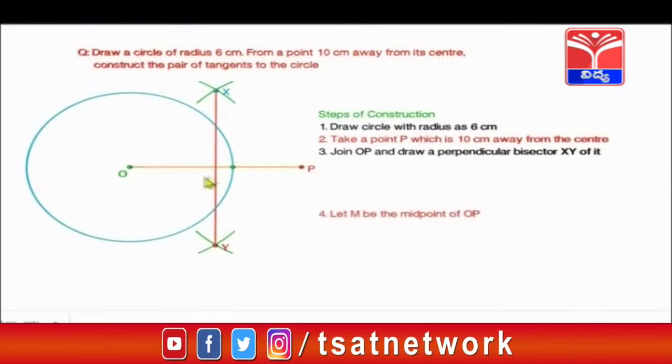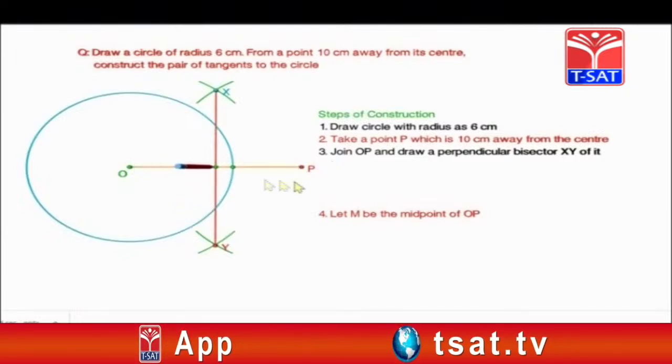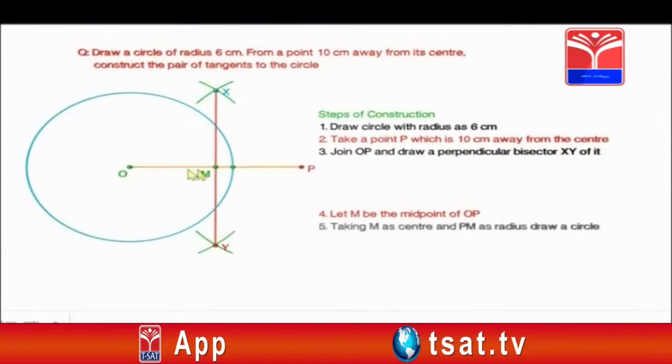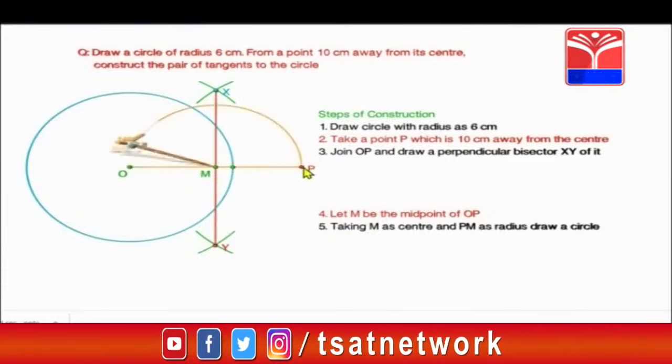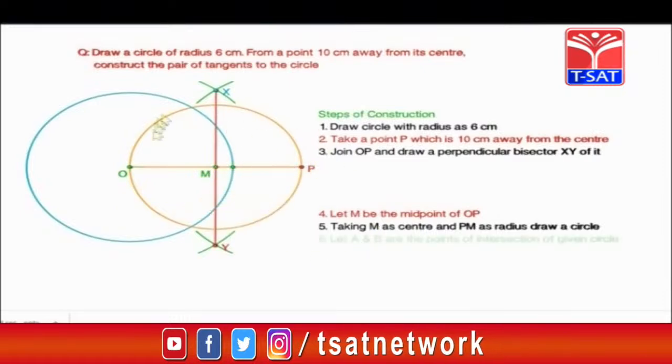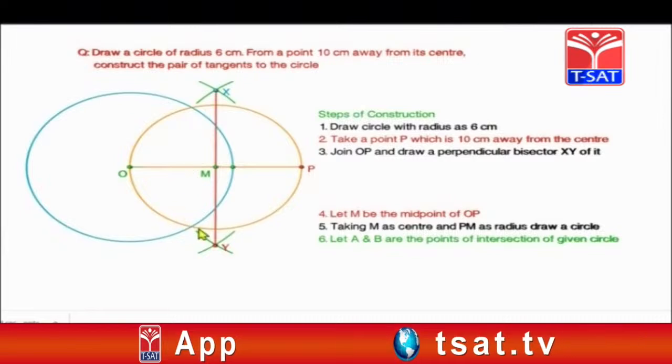Now let M be the midpoint of OP. So this point will be M, right? M is the midpoint of OP. Now take M as center and PM or OM as radius, draw a circle. So this is a circle which intersects the previous circle at 2 points.